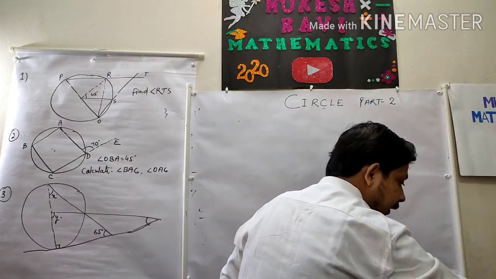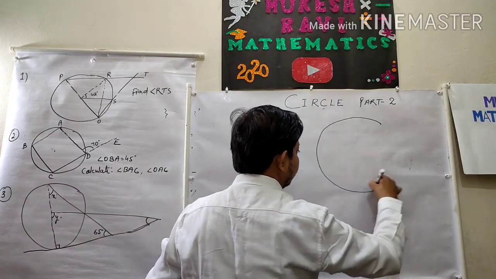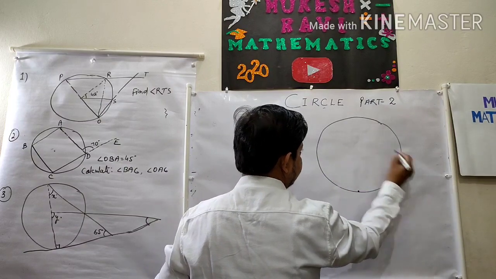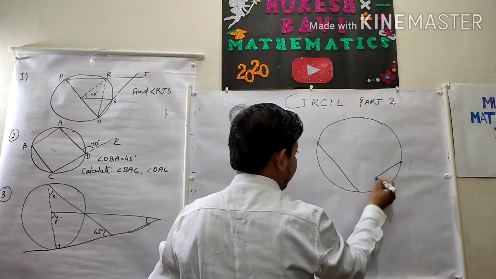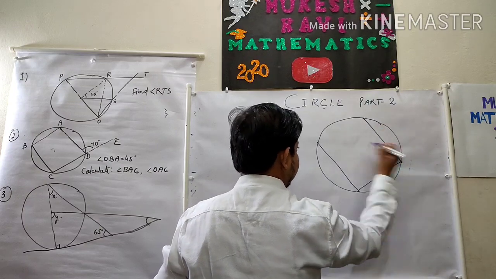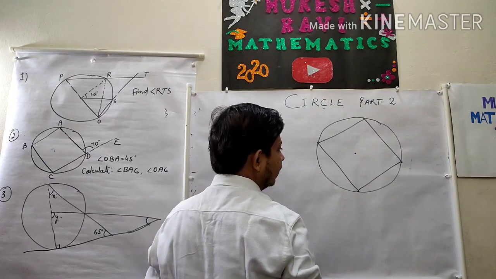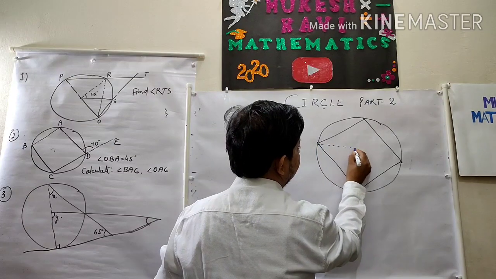Again, if you ask me, I am going to prove that also, which is given in the book, in your syllabus. Suppose this is A, this is B, this is C, this is D. This is your center. Suppose you are joining this one.